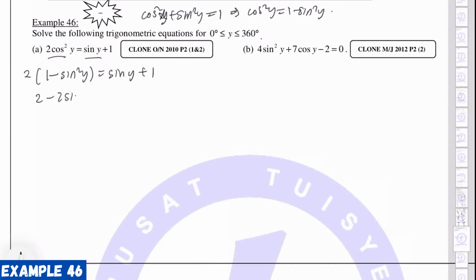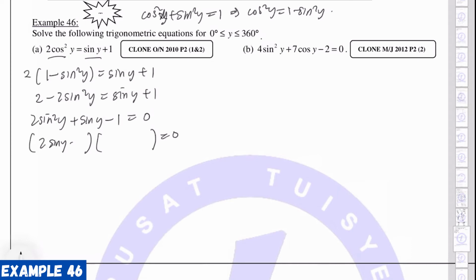So as I multiply this inside, now what we have here is a quadratic equation involving sine. So we can rearrange as 2 sine square y plus sine y minus 1 equals 0. Double bracket factorize it. So this will be 2 sine y minus 1 and sine y plus 1.